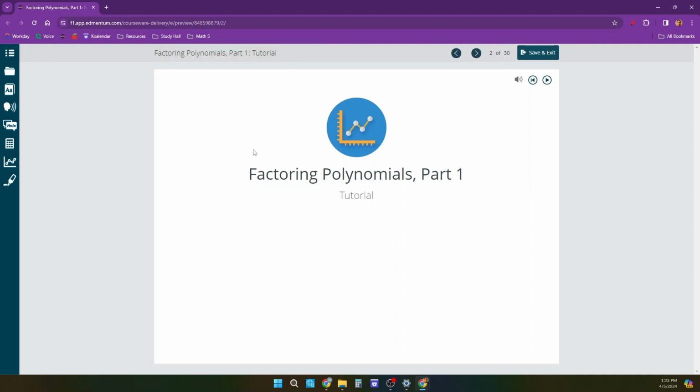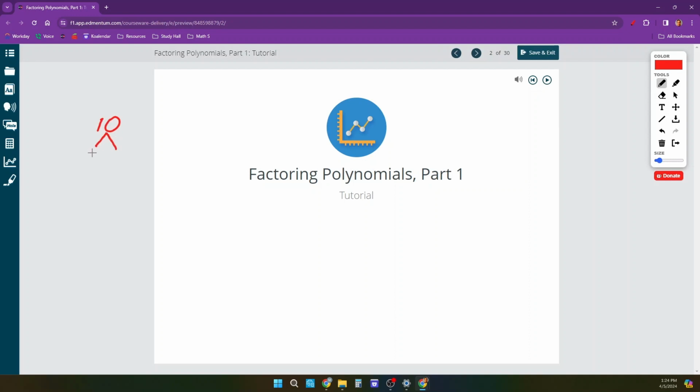Before we get into the section, let's understand what factoring means in general. To factor something means to break it up via multiplication. So if I were to factor a number, say 10, I would break it up via multiplication into its separate parts.